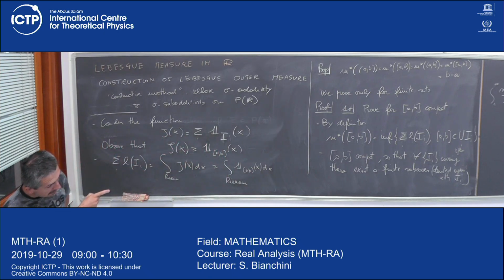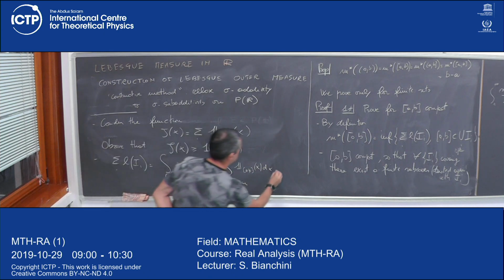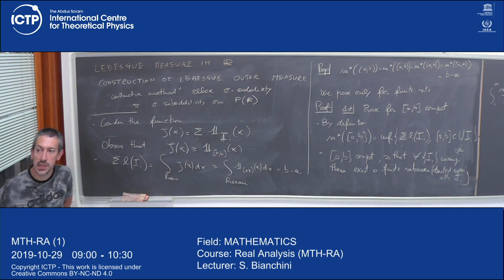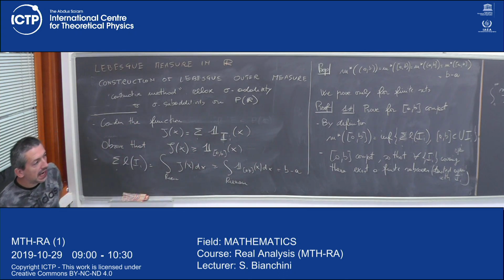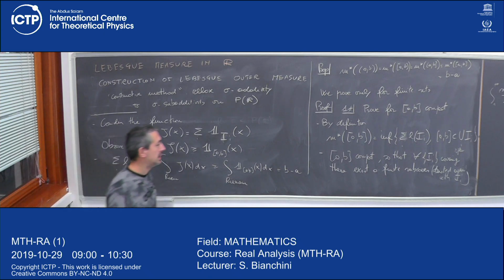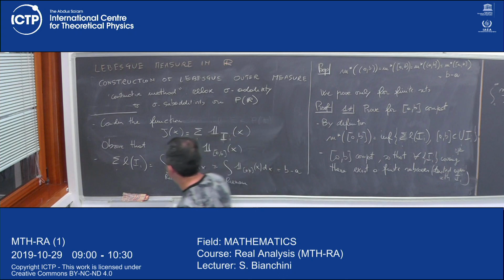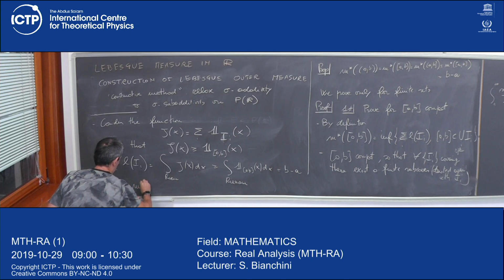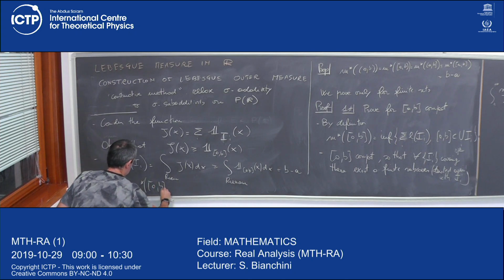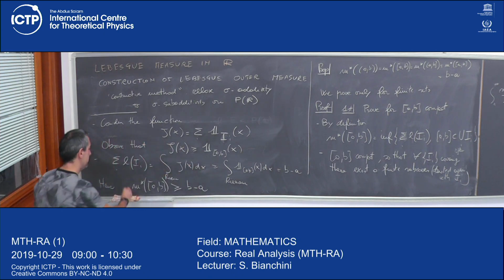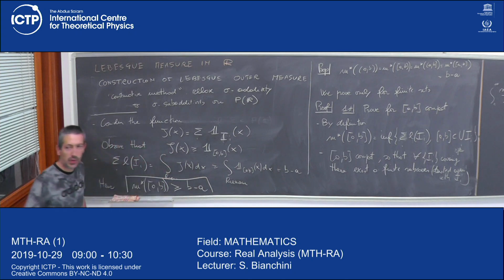And what is the last? B minus A. So what did we prove? For any covering, the sum of the lengths is greater or equal than B minus A. So I deduce that M star is greater or equal than B minus A. That is the first point.